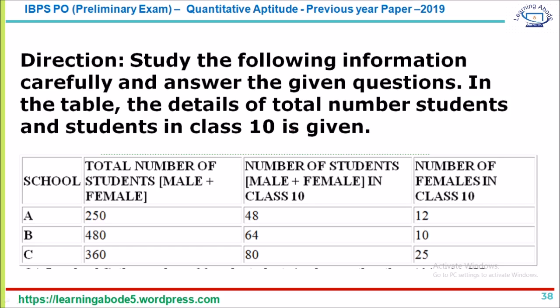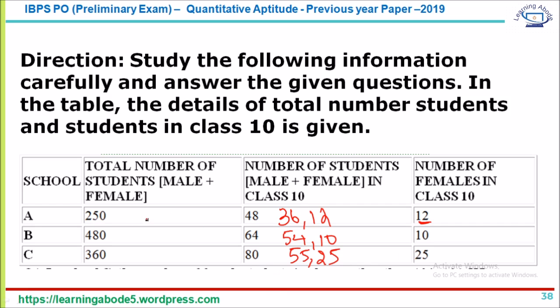Now what I'll do is, I will write this number as, now this is the total number, right? Male plus female. So male 36, female 12. And here male 54, female 10. Here male 55, female 25. That is, this 80, I am splitting as 25 and the remaining 55.